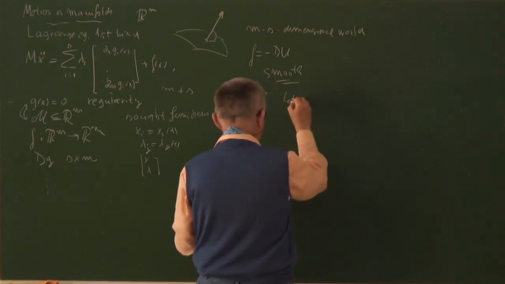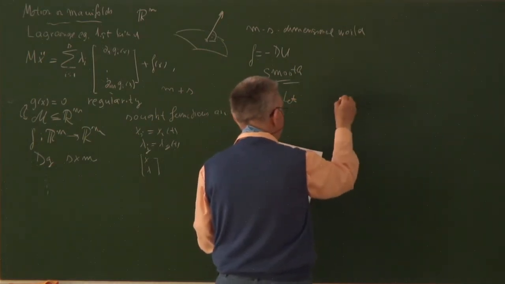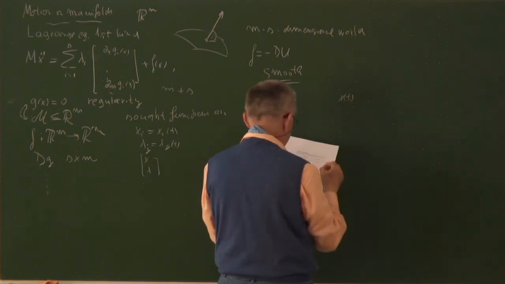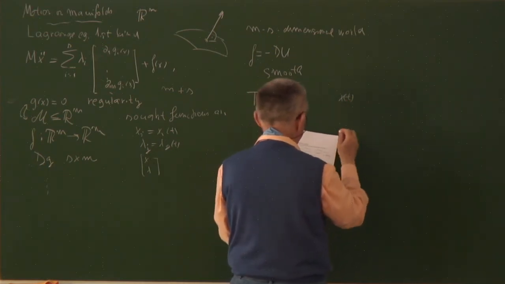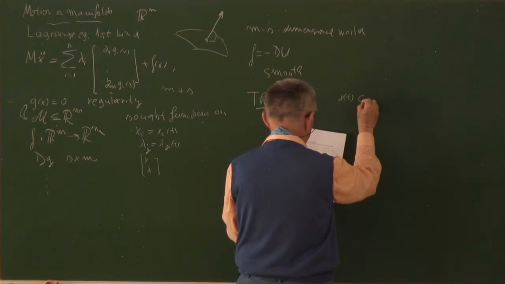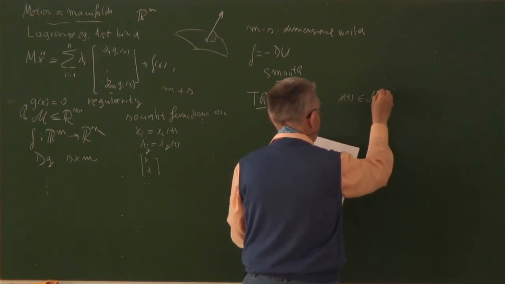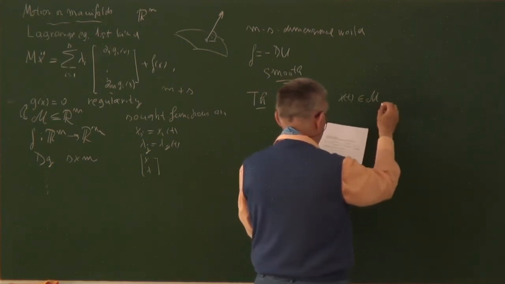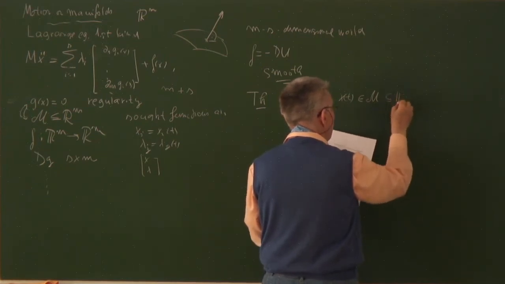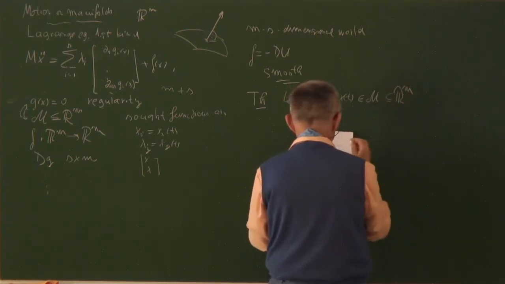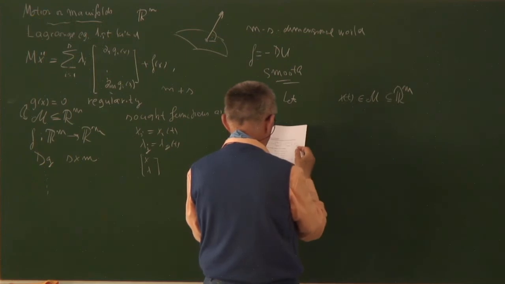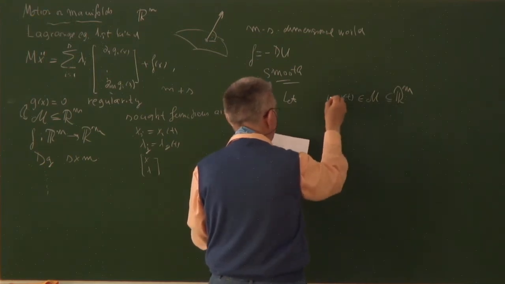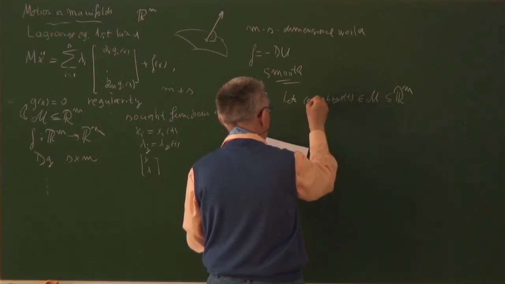Let the vector function x of t be such that it takes values on the manifold, which is embedded in our Rm, and the variable t is defined on an open interval (a, b).